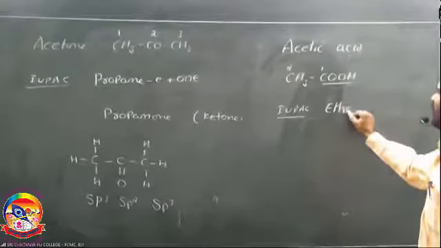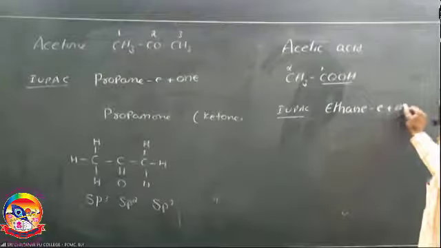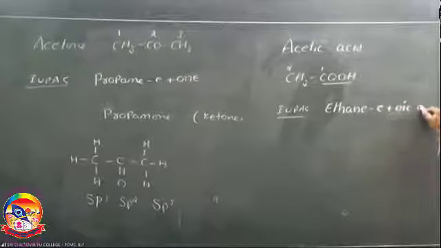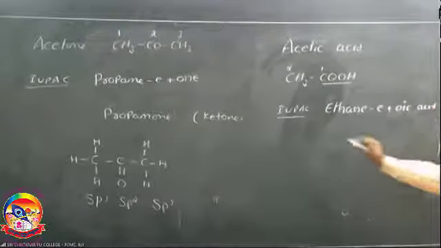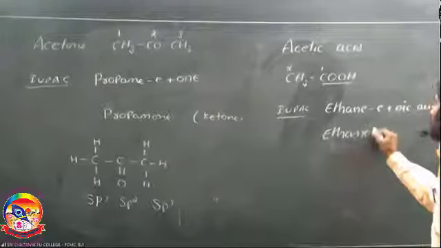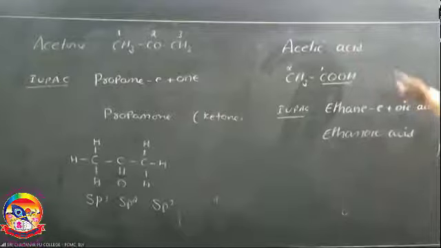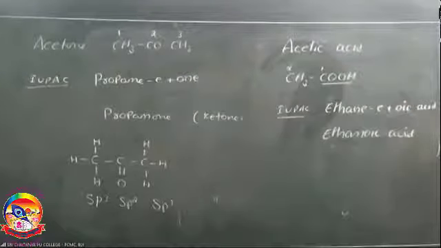Carbon containing single bond, so it is ethane. This e is replaced by oic acid. So the IUPAC name of acetic acid is ethanoic acid.